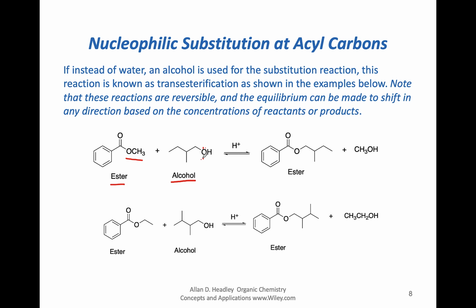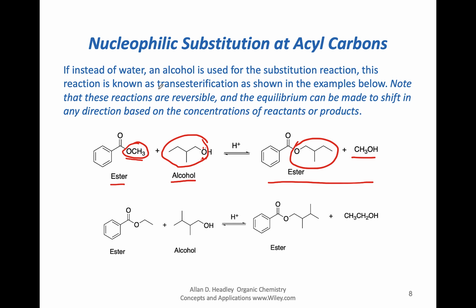We don't have the mechanism here, but as you can imagine, these electrons will attack here, and of course there's an acid, so this will be protonated, and it keeps going until the final product is this, where this group here is coming from our alcohol. And of course the methanol is coming from the leaving group. So that's the product. Acid catalyzed reaction of an ester with an alcohol.